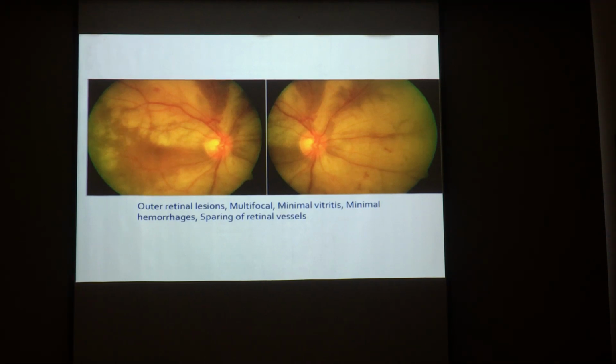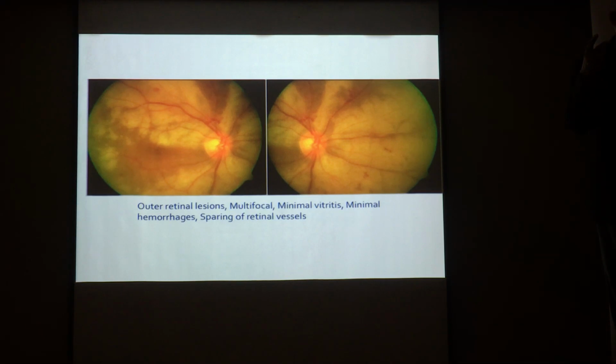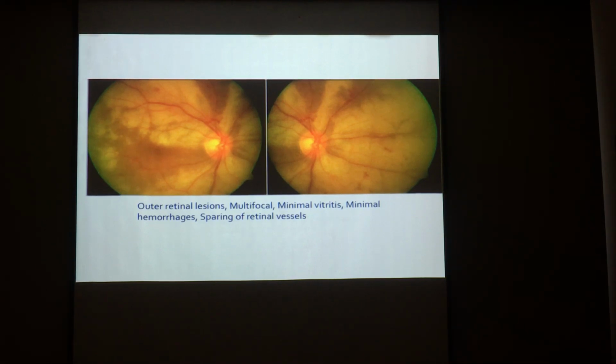You guys have shorter memory than me. So I said, ask them if they had chickenpox or, what is the counterpart of chickenpox? Zoster.